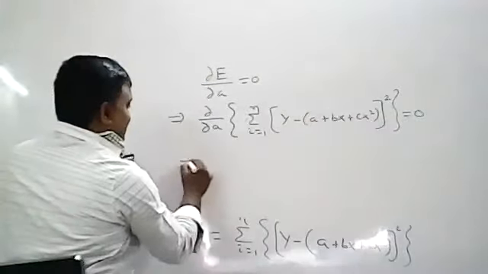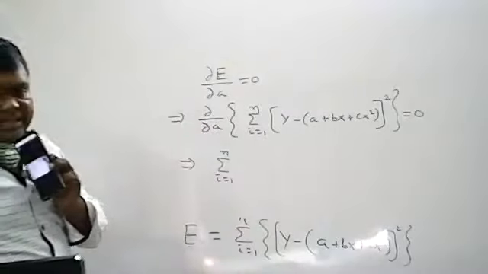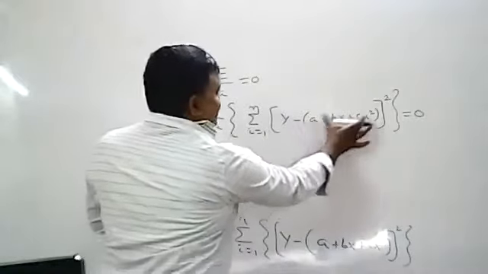Summation is a constant, so it should be separated. Then assume this is x power n.